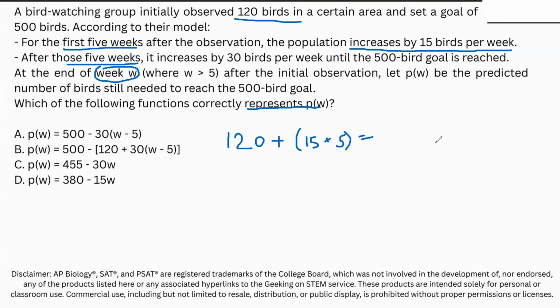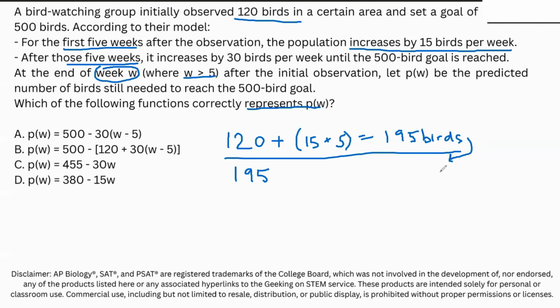I can go ahead and plug this into Desmos or your calculator and obtain 195 birds, and that's for the first 5 weeks. Let's take a look at the latter portion where W is greater than 5. In this portion, you end up having a starting point of 195 birds because remember, we're still bringing over the 195 birds because we're still growing.